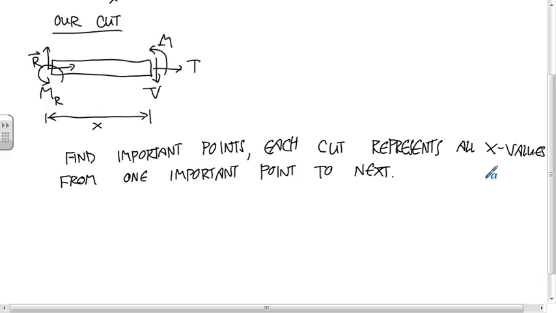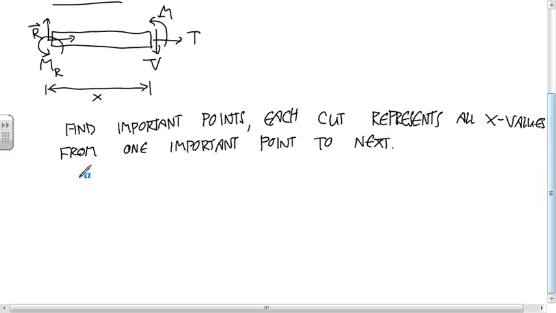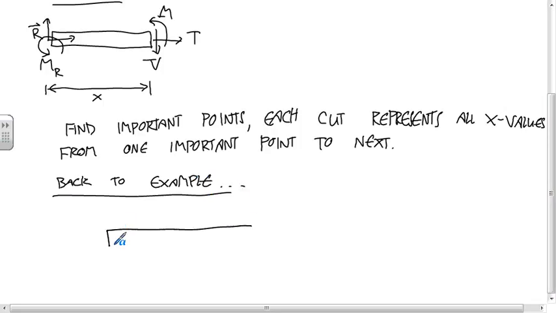Okay, let's go to the example, and just feel free to ask questions, and we'll get this sorted out. So, okay, our example was this. The problem was the one that we did in a few different ways.